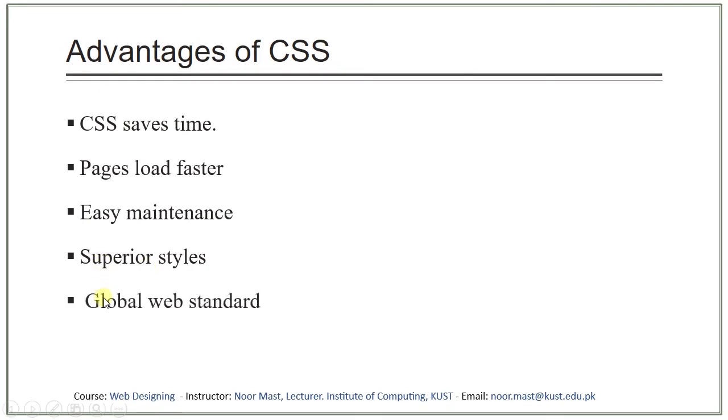Global web standard. Instead of HTML attributes, it is recommended to use CSS for styling. So it's a good idea to start using CSS in all the HTML pages to make them compatible with future browsers.